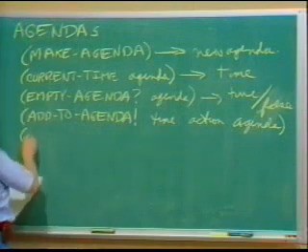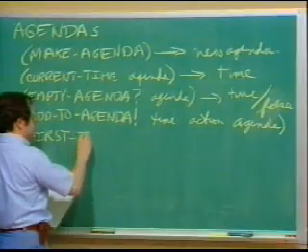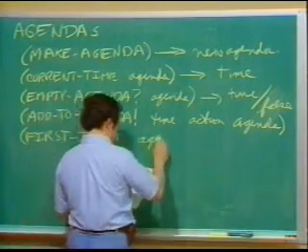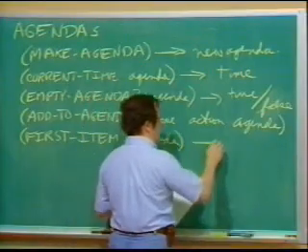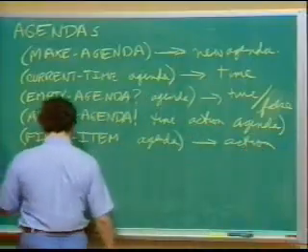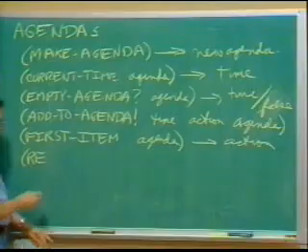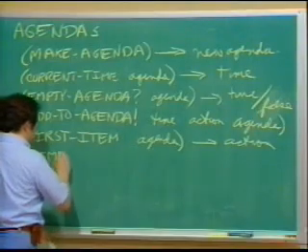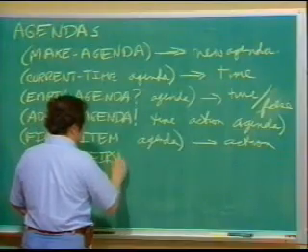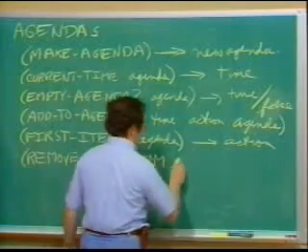I can get the first item off an agenda, the first thing I have to do, which is going to give me an action. And I can remove the first item from an agenda. That's what I have to be able to do with agendas.